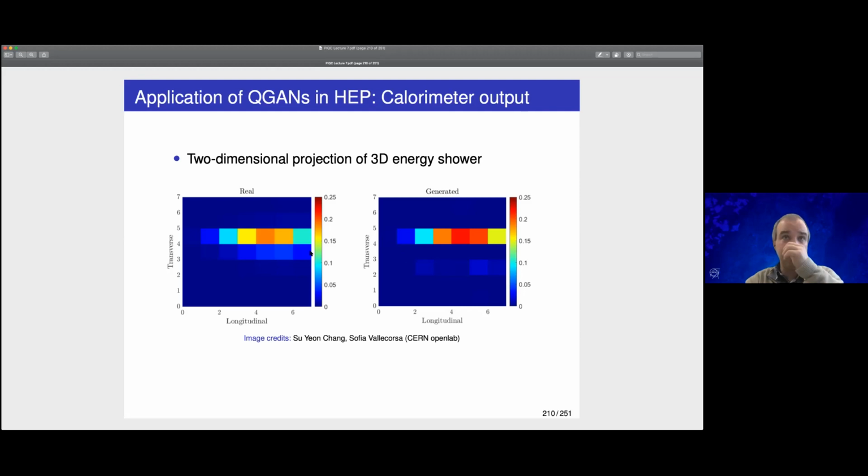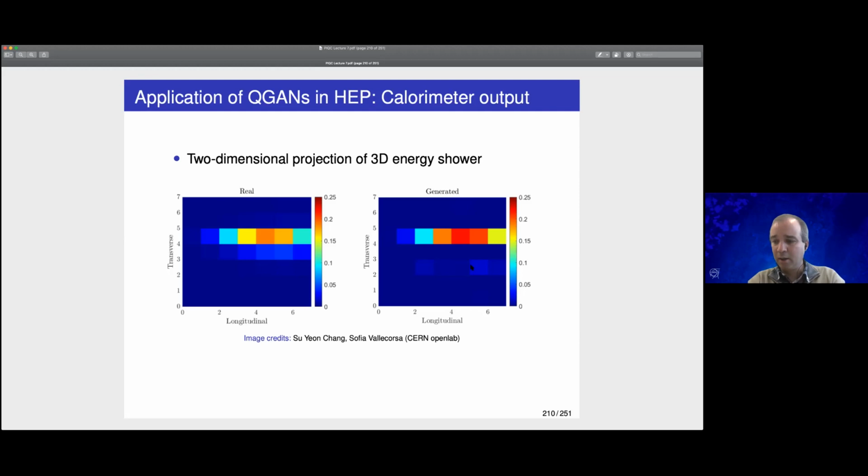But as you can see here, the preliminary results are quite promising. At least it is possible to reproduce qualitatively, although not exactly quantitatively, the results of real data with the generated data that comes from the quantum version of these generative adversarial networks.